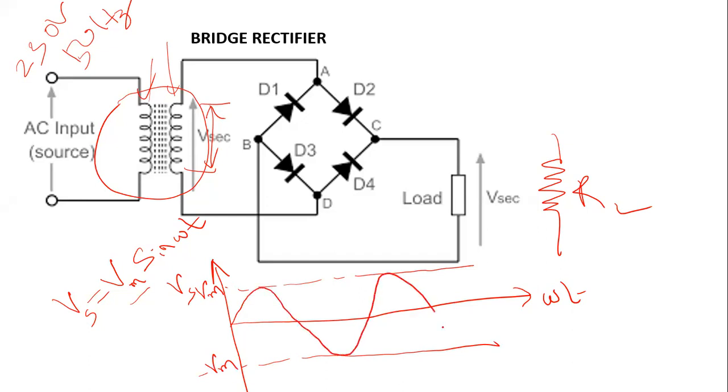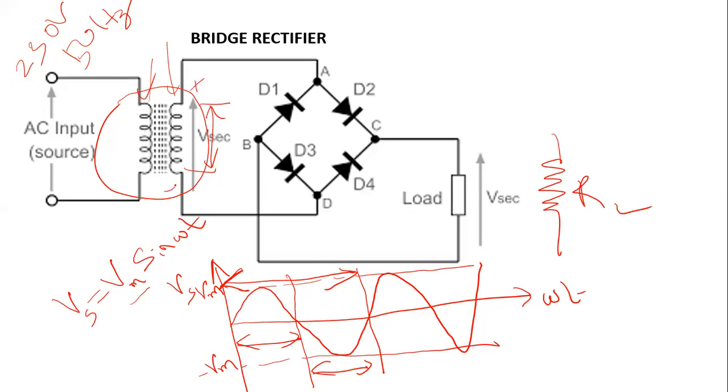This is the positive half of an AC cycle, and this is the negative half of an AC cycle, which I have discussed several times. This constitutes one complete cycle. The next waves are just a repetition of the previous wave in an AC signal. So during the positive half of the cycle, let's say the upper side is positive and the lower side is negative.